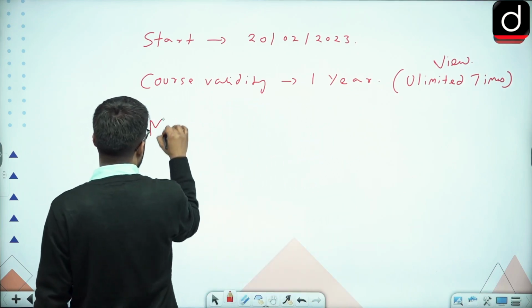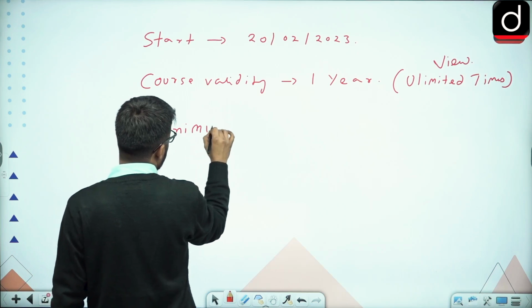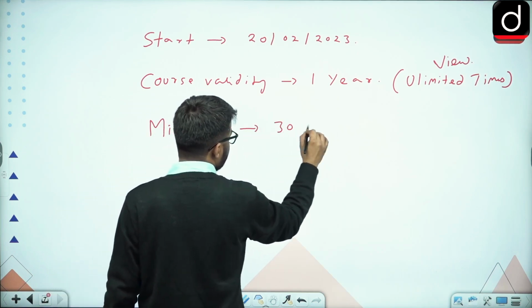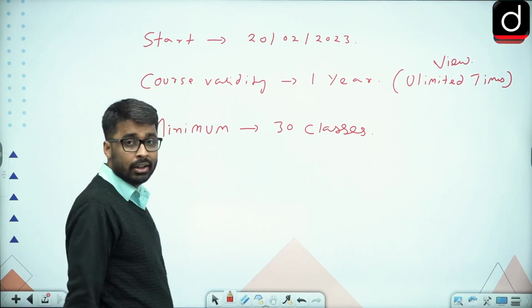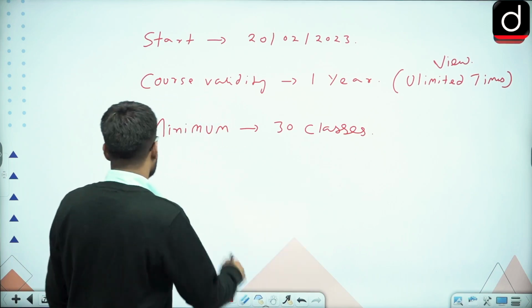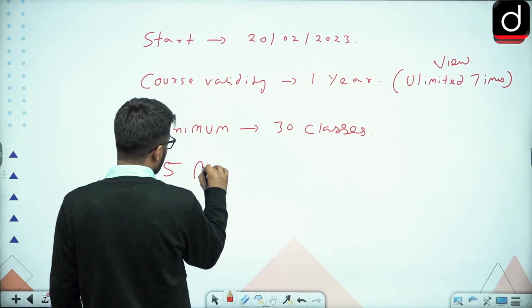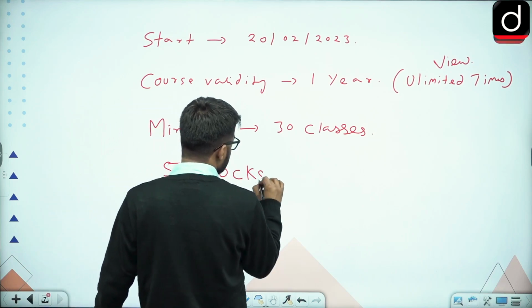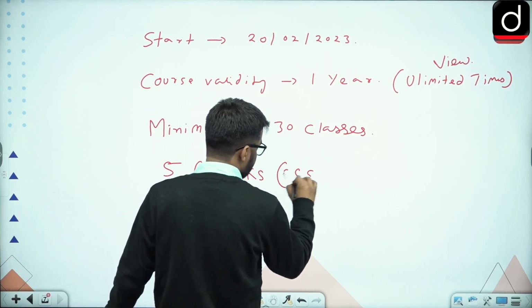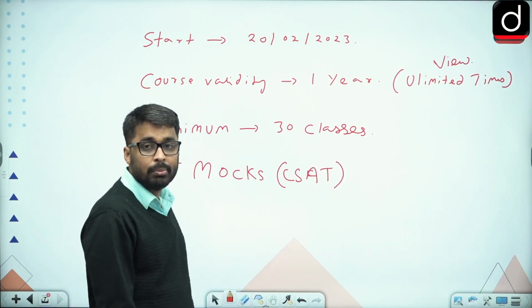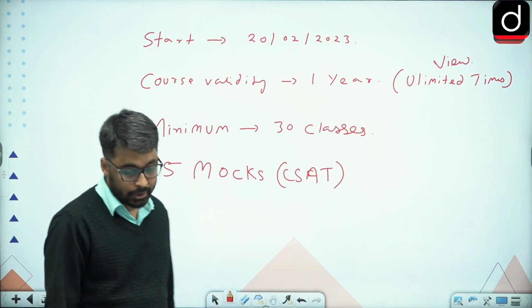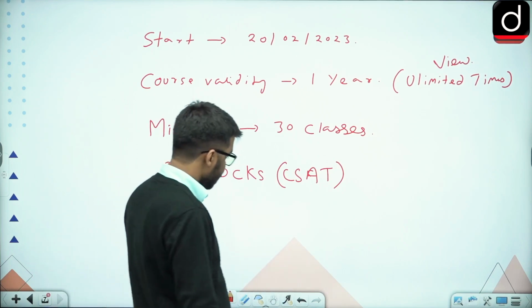And in this course, the minimum number of classes that we are going to take would be 30 classes. After the commencement of your course, every student will be given an opportunity to appear in 5 CSAT mocks, which will be a part of your Drishti Prelims Test Series 2023.